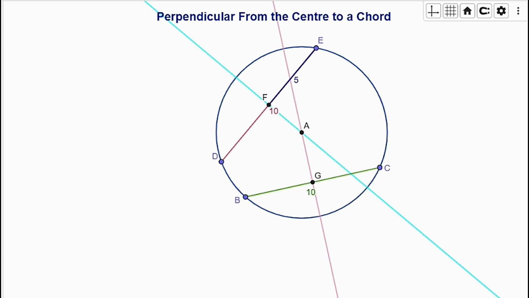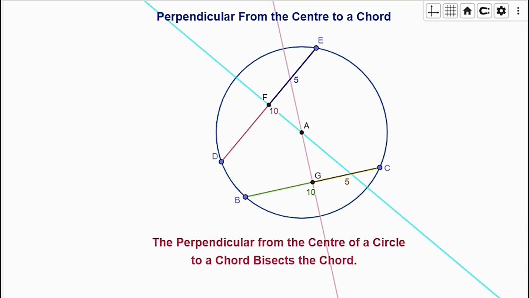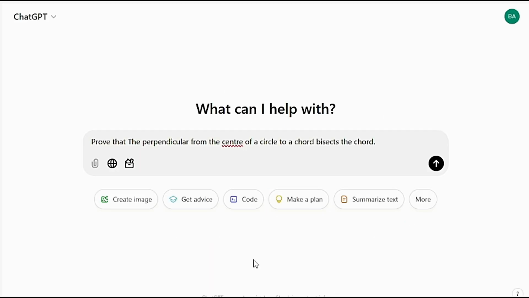Similarly, the point of intersection of the perpendicular drawn on chord BC from the center A and the chord BC is G. Again, if we measure the length of the segment GC, we also get 5 centimeter. It means we can see that the perpendicular from the center of a circle to a chord bisects the chord.